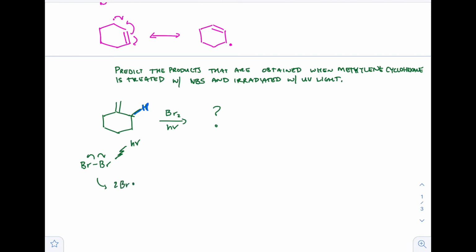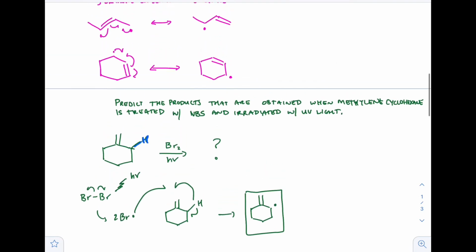We've got our alkene there, and what we want to do is identify the weakest C-H bond, and then we swoop on that hydrogen atom. This is the allylic position, and this is what it looks like with our fishhook arrows. We have that bromine radical attack the hydrogen atom, making the methylenecyclohexane radical.